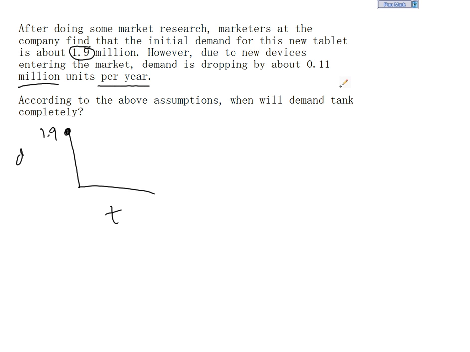However, it's dropping due to new things entering the market at a rate of 0.11 million units per year. Well, if we look at demand, we know that initially it is 1.9, and it's dropping by 0.11 times the number of years, which is T.